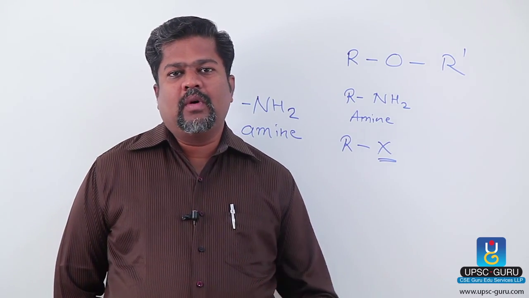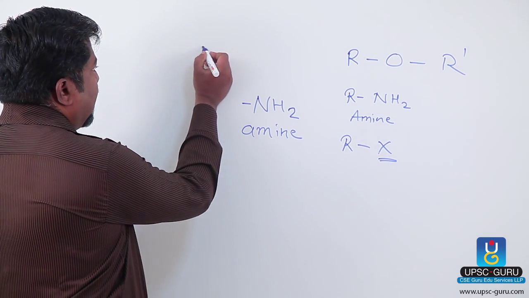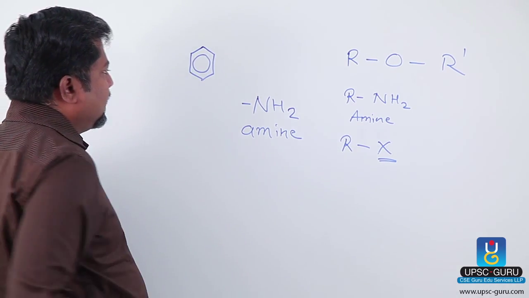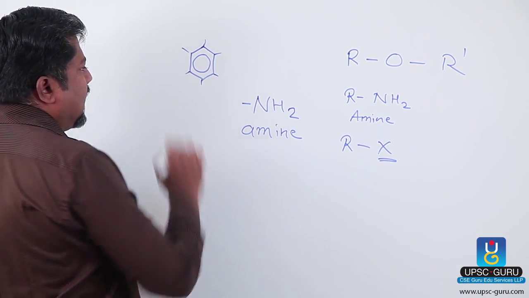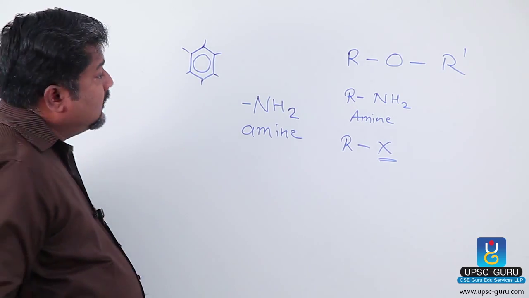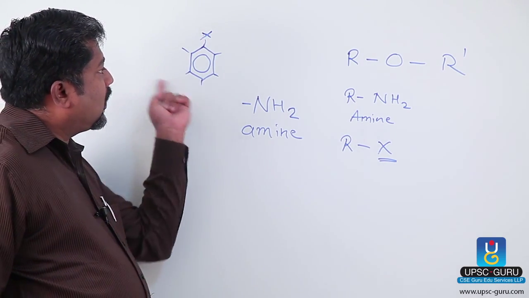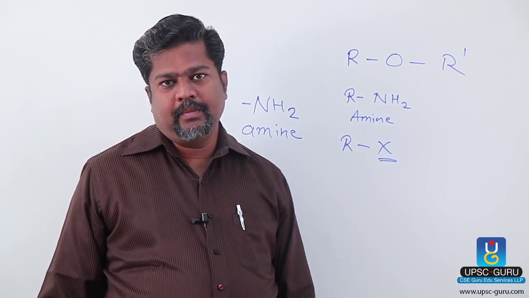Now we are switching over to aromatic compounds. In an aromatic compound, you are aware this is the benzene ring, and 6 hydrogen atoms are present at the terminals. Suppose one H is removed, then whatever group remains is called the aryl group.